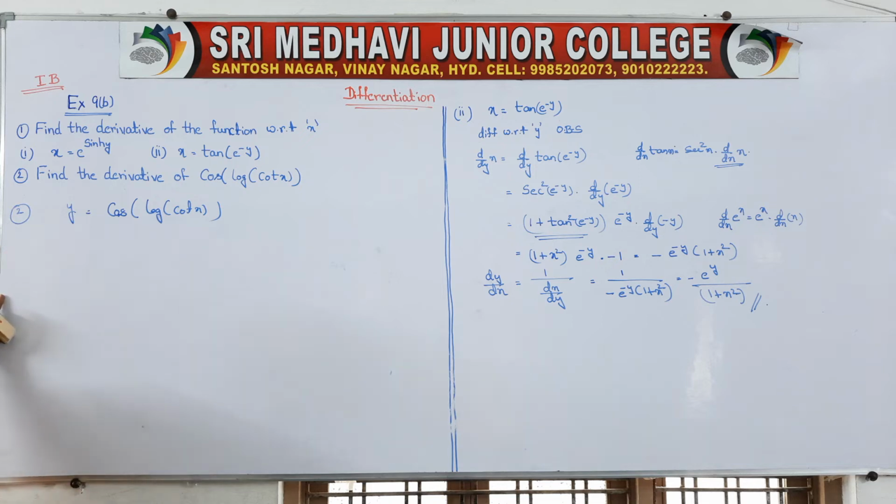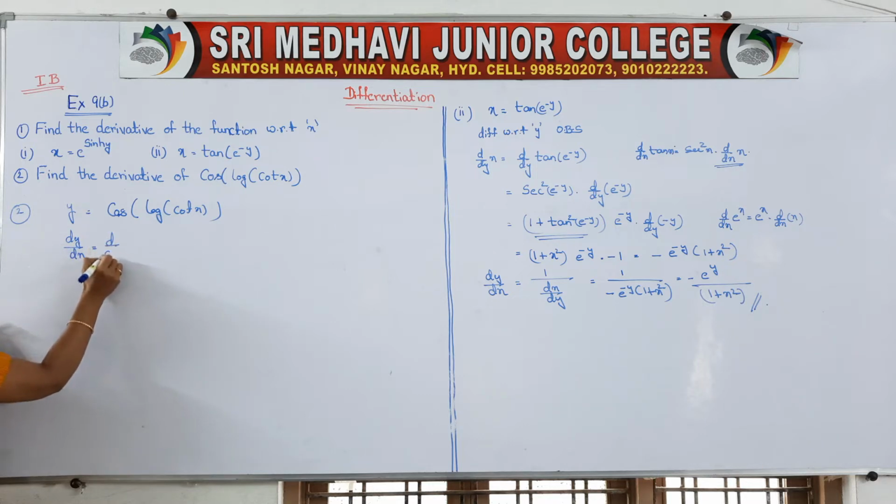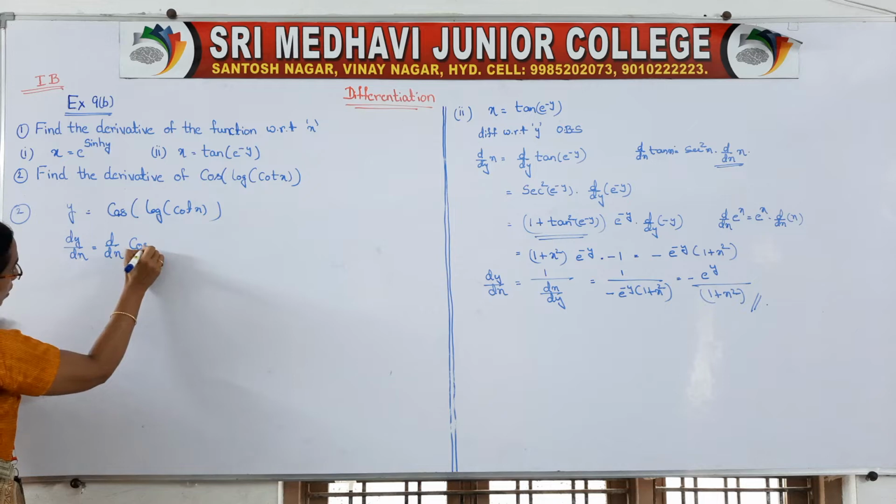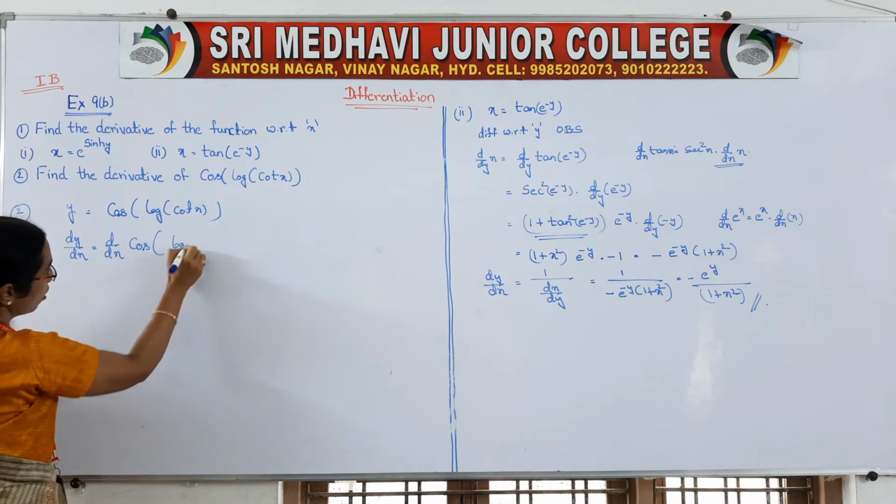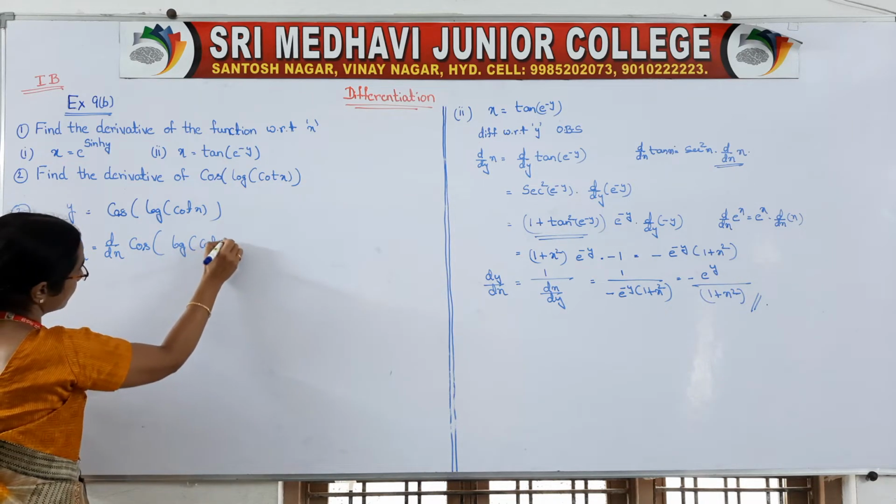This value we have to find. Very simple. How will we find the derivative? Differentiating with respect to x on both sides. So dy by dx is equal to d by dx of cos of log of cot x.